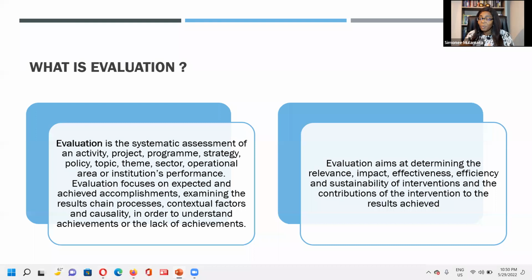We are saying that it aims at looking at the contribution of the intervention. That will tell us whether we are making an impact or having great outcomes. And we will talk about that as we go along. So that is your evaluation.